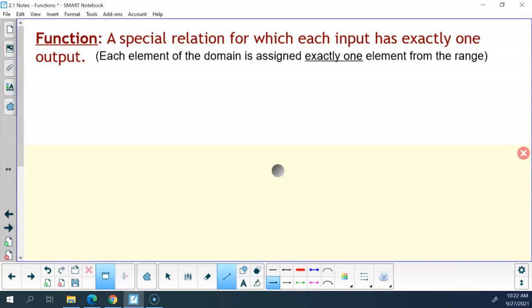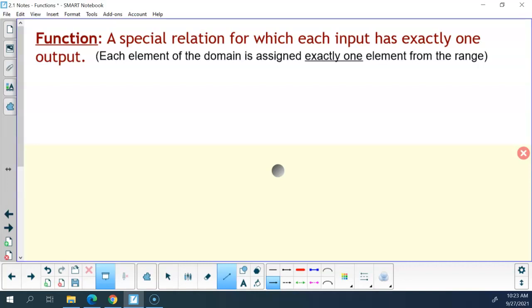Love it. All right. So, a function is a special relation, just like you are all special people to me. Okay? A function is a special relation for which each input has exactly one output. So what that basically means is each element of the domain is assigned exactly one element in the range.